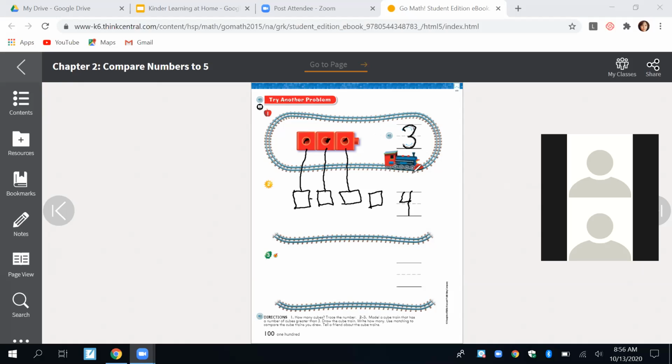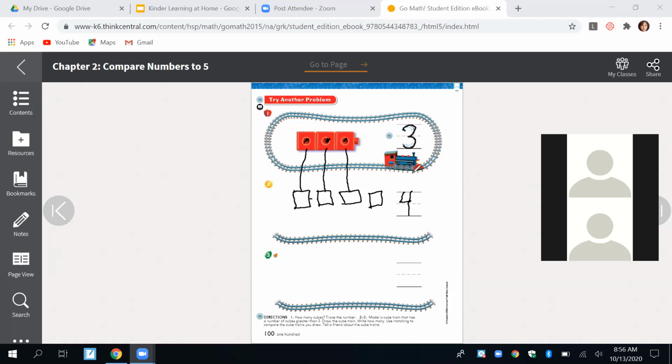Thanks. Okay. Number 3, we need to draw the cube train. I'm going to ask a friend to help me with this. Just give me a number smaller than 5 to draw on the train track. Any number. I'm going to ask Maggie.